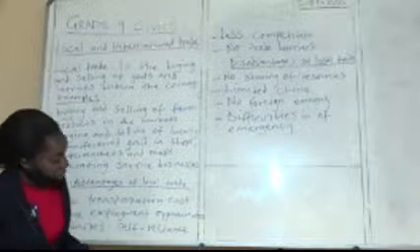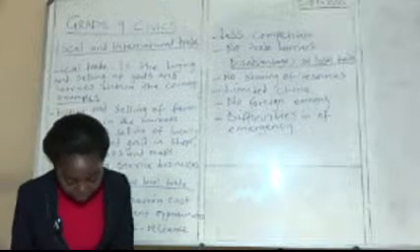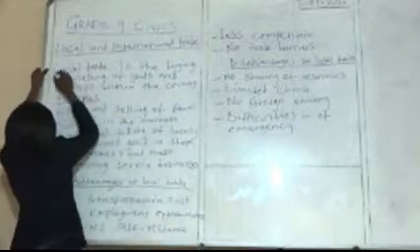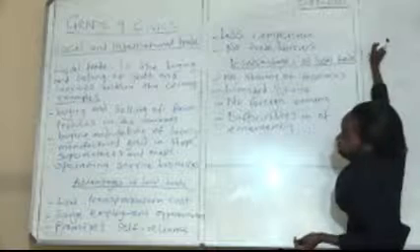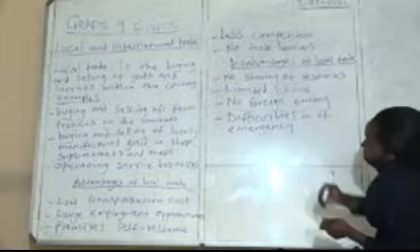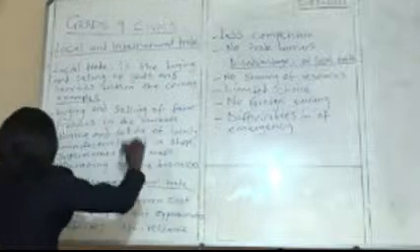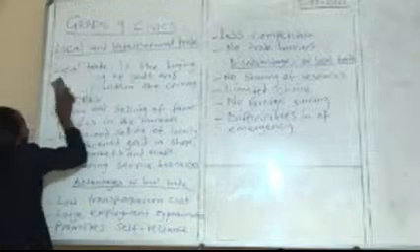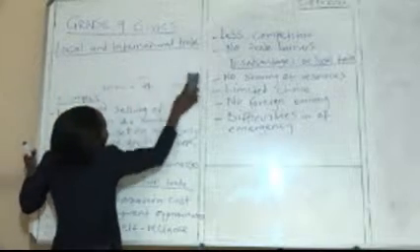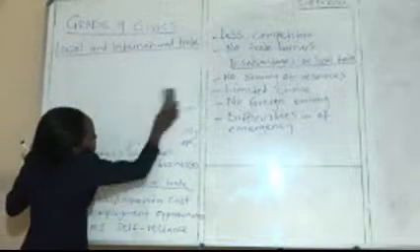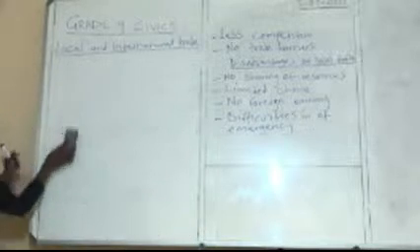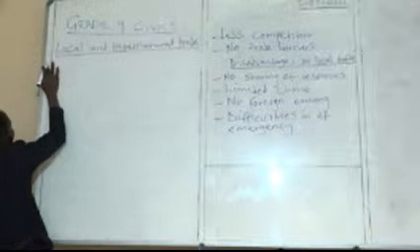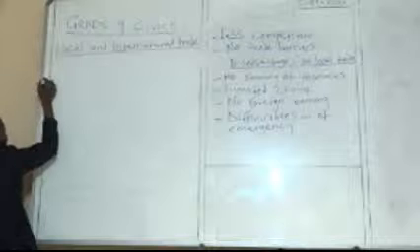Okay, let's go to international trade. So we have two types. The first one is local trade, then we go to international trade. That was number 1, local trade.